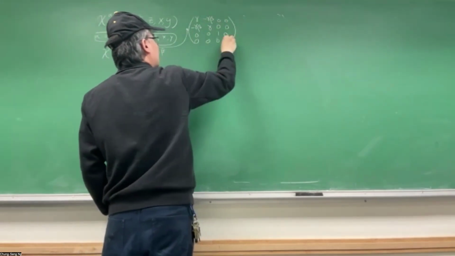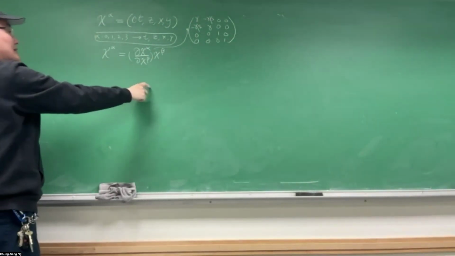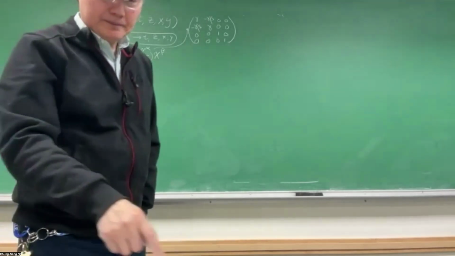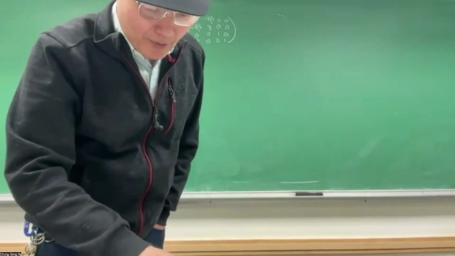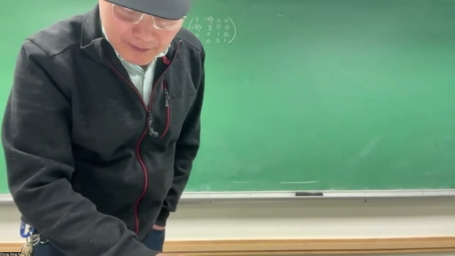So that is the transformation matrix, and that is what we call the contravariant vector.